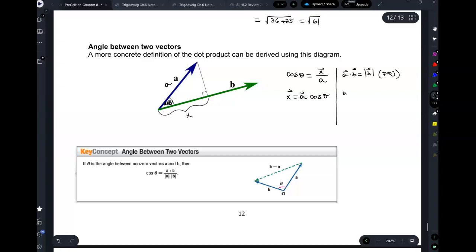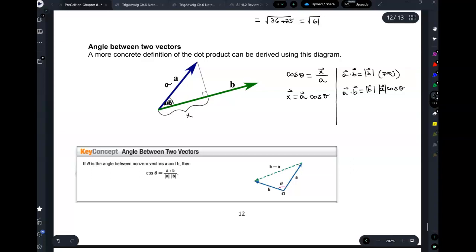So A dot B is B times what did we say the projection was? A cosine theta, right? Okay, so look, how do we find the dot product? It's this length times this length. We just said this length was A cosine theta, yes? So A dot B is that times A cosine theta.